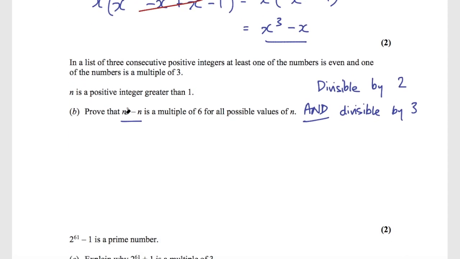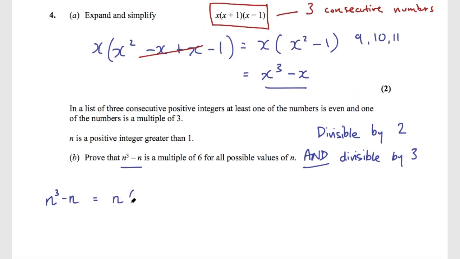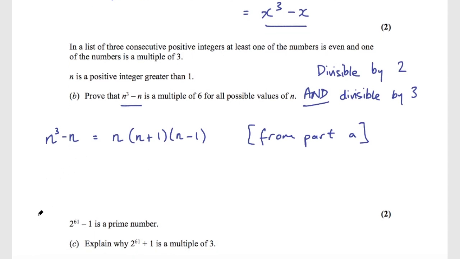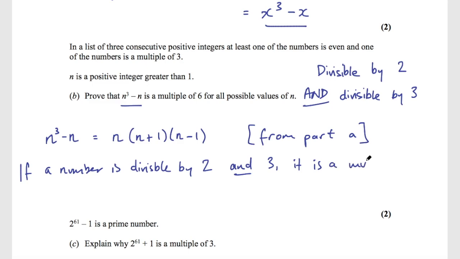So the way I'd start off is to say that n cubed minus n equals n plus 1, n minus 1, and that's from part A. So you can just say given, and then we can say that if a number is divisible by 2 and 3, it is a multiple of 6.